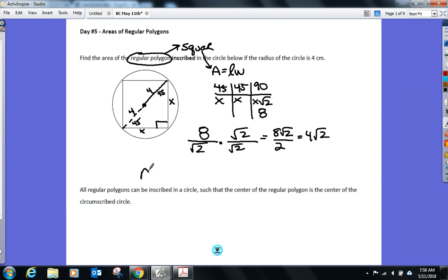So the area is going to be 4 radical 2 times 4 radical 2. 16 times 2, also known as 32 square centimeters.